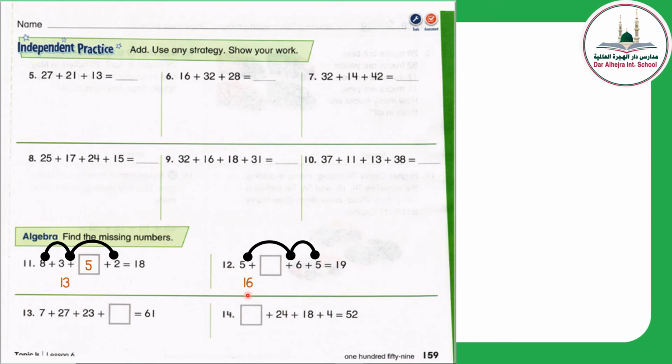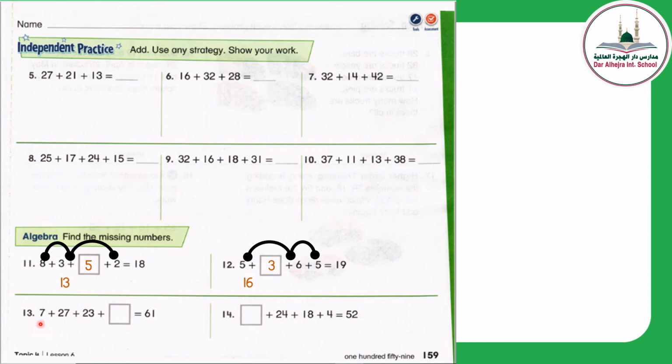So I'll be counting after 16 until I reach 19. So after 16, I have got 17, 18, 19. That means the missing addend is 3. If I add 3 to 16, I'll get the total of 19. This way, both sides of the equal will be the same.